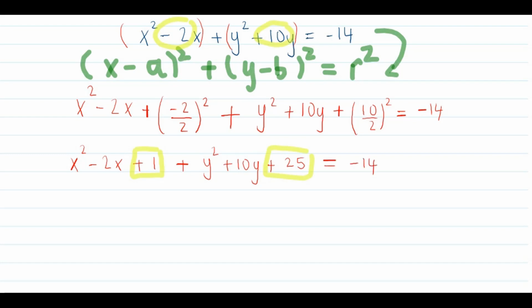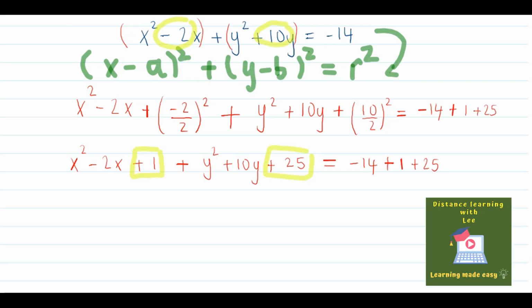Okay, I'm just going to quickly go through what we did here to complete the square. We group our terms, right? So the x's together and the y's together. Then you take the coefficient of x, which is negative 2, you divide by 2 and you square it.